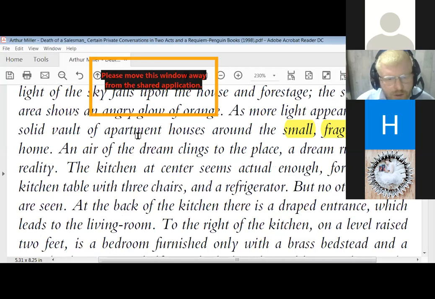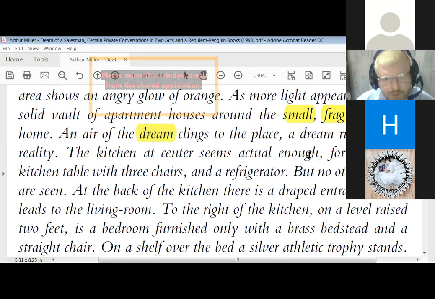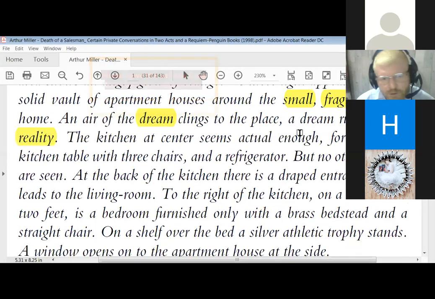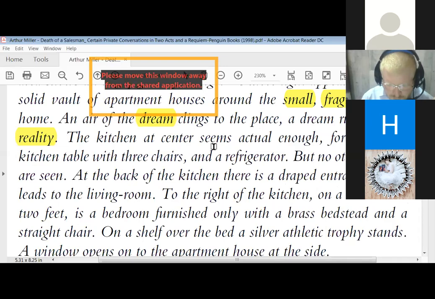And here we have two important words, dream and reality. And later on, you remember we said that mostly what we are seeing is just a dream that we see from the imagination of Willy Loman.